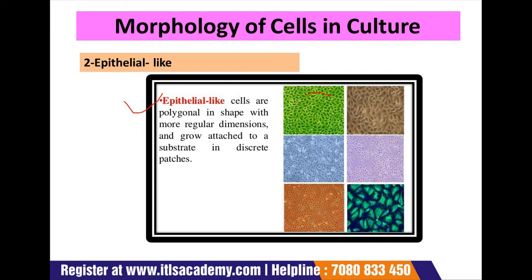You can see the shape of the epithelial cells. You can see this is the polygonal shape with more regular dimensions, and they grow attached to a substrate in discrete patches. You can see here these are the discrete patches. So this is the epithelial-like cell.